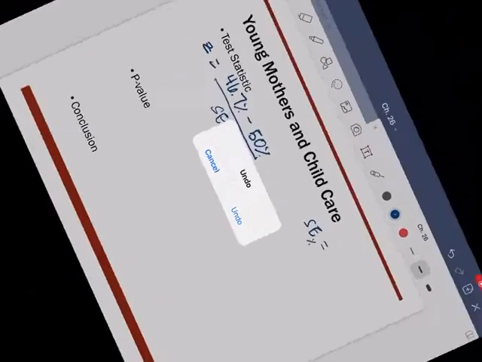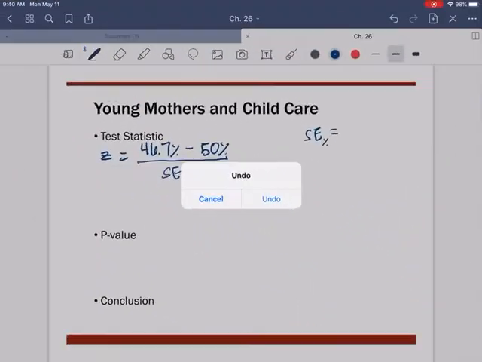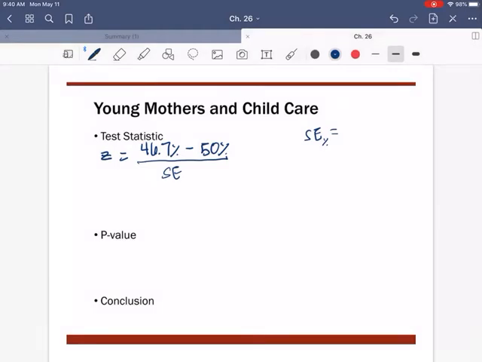Okay, yep. It should be the square root of 0.5 times 0.5, because 50% of mothers have a hard time finding childcare.